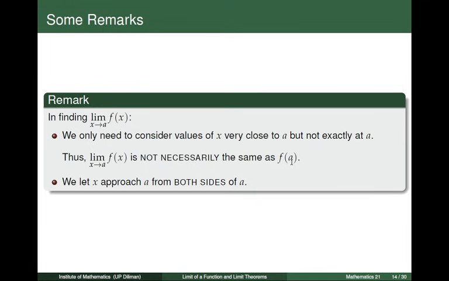And we've seen this in one of our 3 examples. Also, when we compute the limit of f of x as x tends to a, x needs to approach a from both sides of a, from the left side of a and the right side of a.